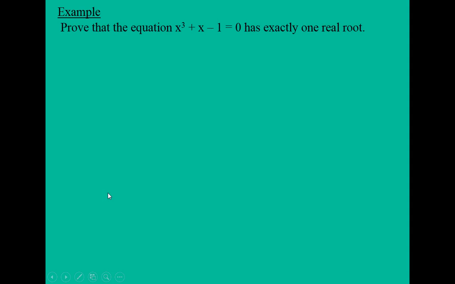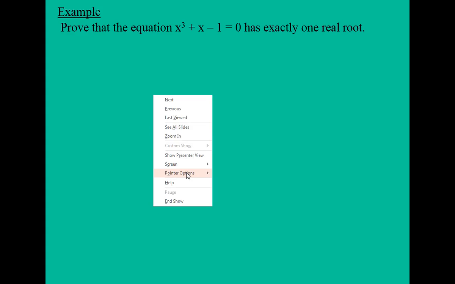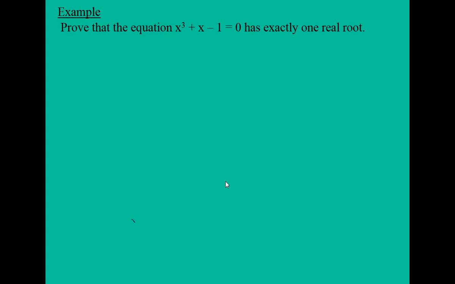Prove that the equation x cubed plus x minus 1 equals 0 has exactly one real root. Now, if we used Rolle's theorem, we could say we're working with a cubic. So the maximum number of times a cubic can cross the x-axis is 3 times.